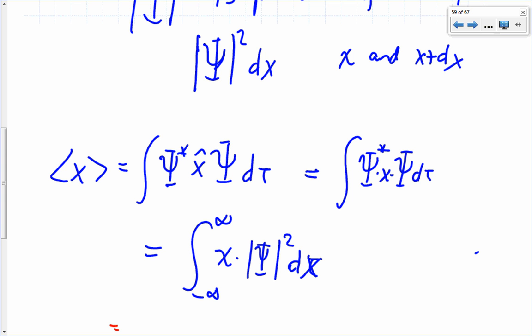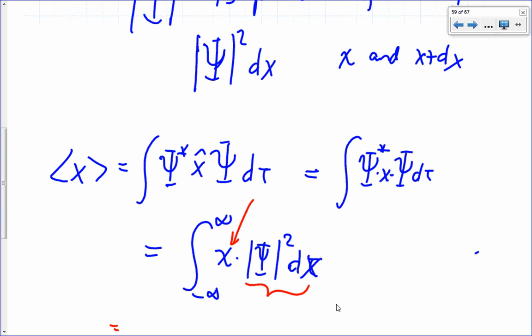Well, does that make sense? Remember, definite integration is just addition over a continuous variable, right? So this is the sum of all the possible x values from negative infinity to infinity times the probability of getting each one of those possible x values. So the probability of getting a number between x and x plus dx is psi squared dx. That explains the Born postulate. That's how you get the Born postulate out of what we would call postulate 4.